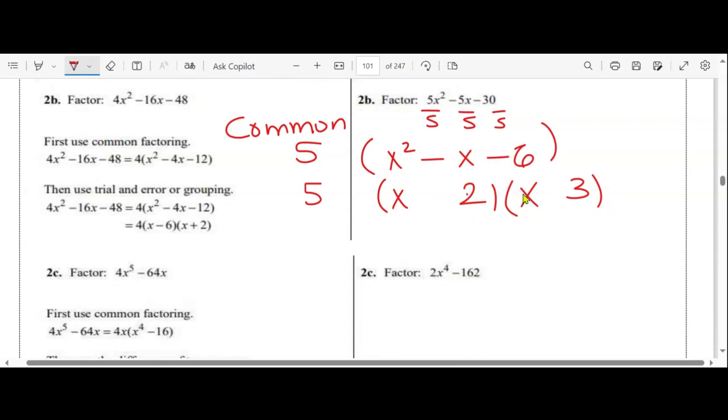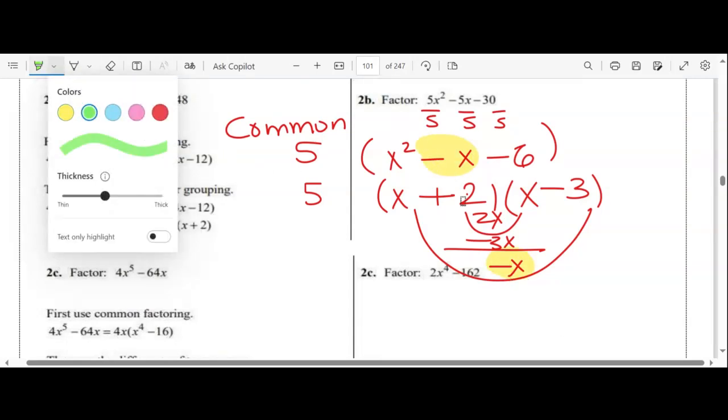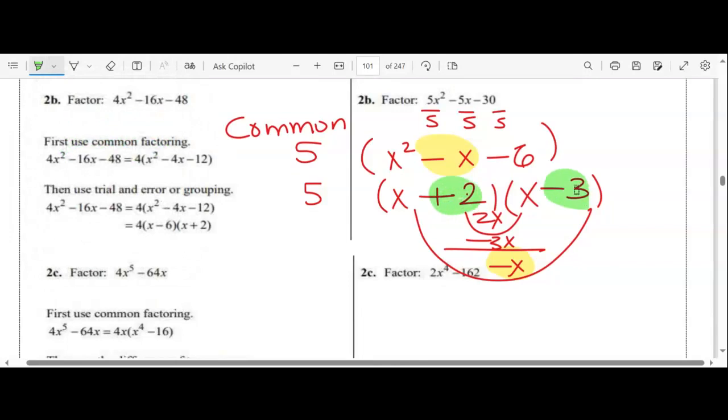Which one is negative? Now let's do the happy face. 2x minus 3x. What's the total? Negative x. Do we have negative x? Yes. What if you multiply the last one and the last one? Would it give you negative 6? Yes. So that's the correct answer.